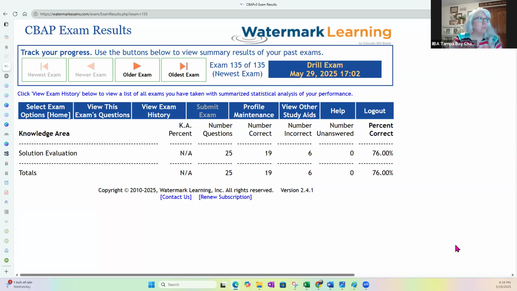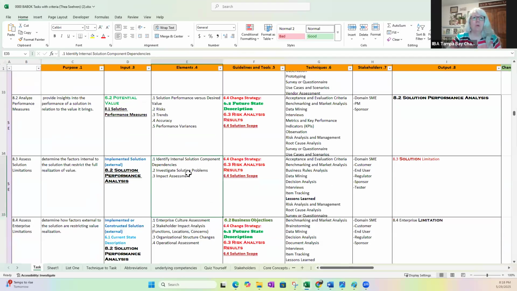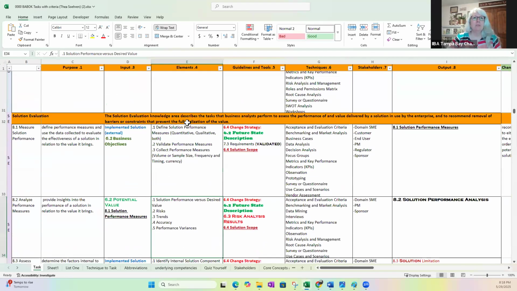I encourage you to look more deeply into the elements for each of these tasks. I think that's where we had our most problems, understanding what the elements are, and let me show you 2 things here. When we were talking through the elements, you've got performance measures, collect performance measures.